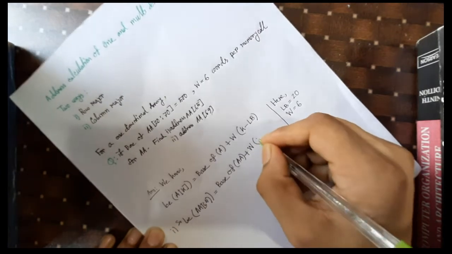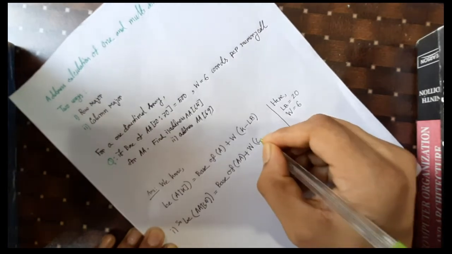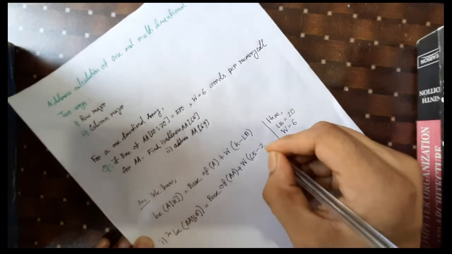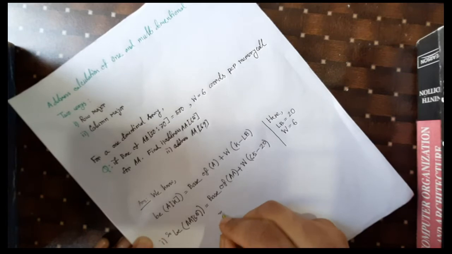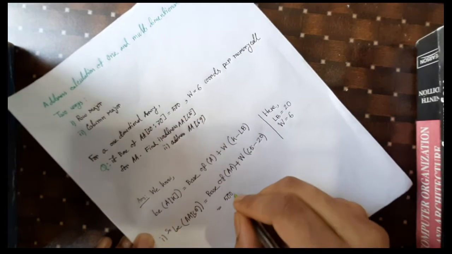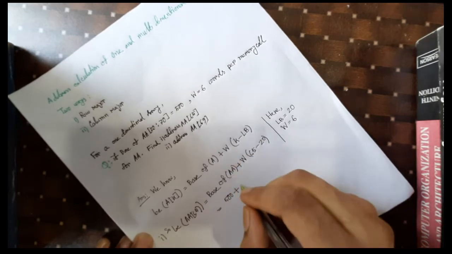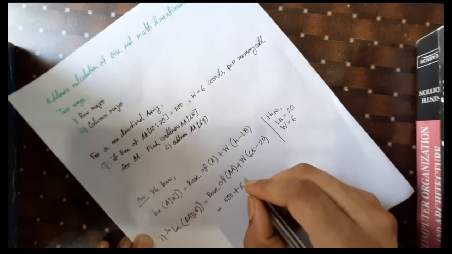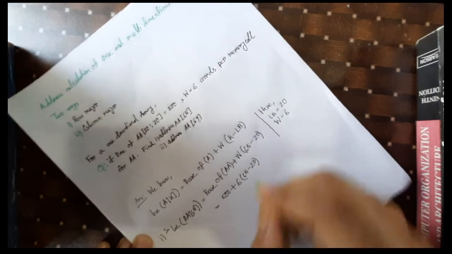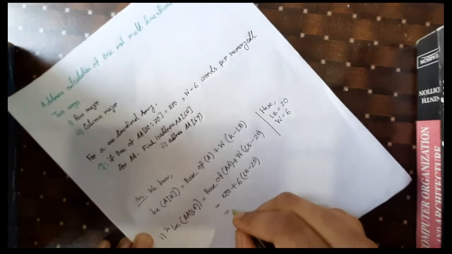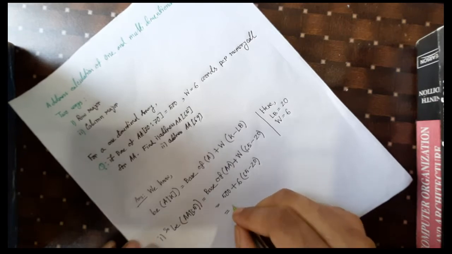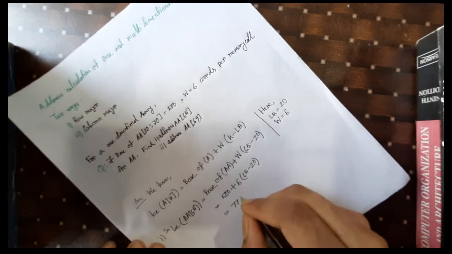Here K means 65 and lower bound is 20. Putting these values, 500 plus 6 times 65 minus 20. After calculation, our answer will be 770.